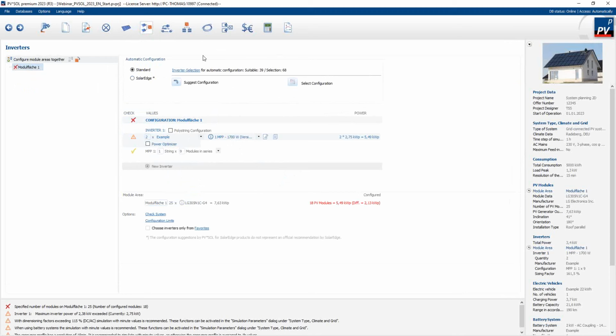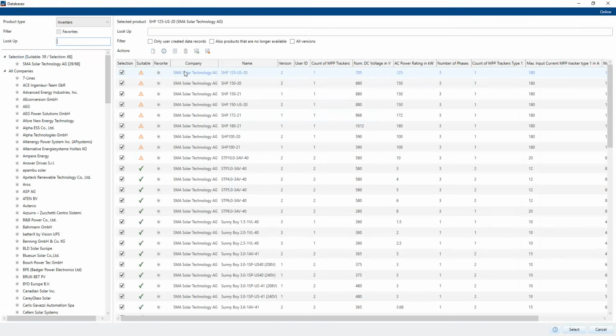If you would use the first option here to ask the software to suggest the configuration, it makes sense to limit down the huge number of inverter types. If you click here on this link, inverter selection, then you are able to check or uncheck the boxes for all the potential suitable inverter types.